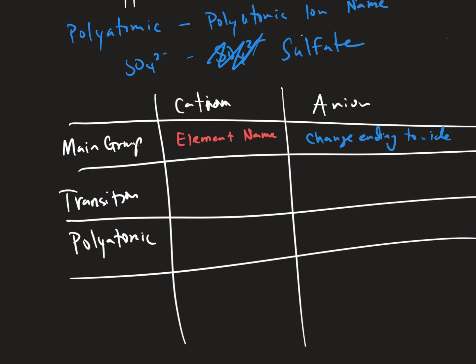Transition metal cation, we use the element name with the Roman numeral, for example, that represents the charge. Good?